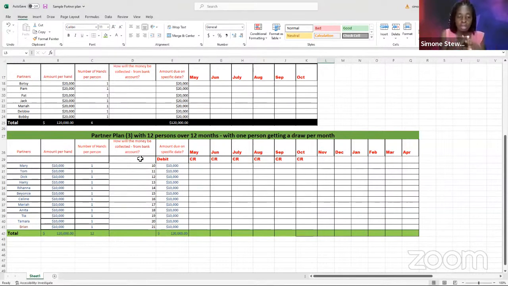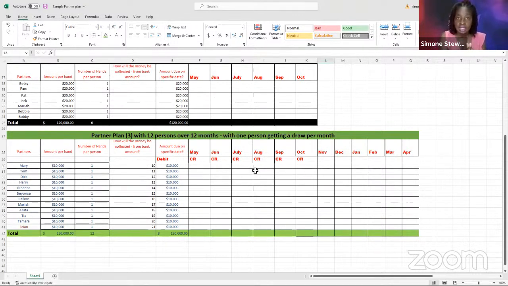So when you put all the debits together, in this case, because it's 12 persons, once all 12 persons give their $10,000, you're going to have a total of $120,000. Now, we said that one person each month is going to get a draw because we've spread it over 12 months. It is important why you're spreading it over so long, because of the amount of persons.